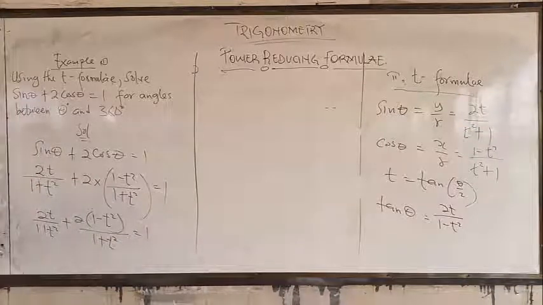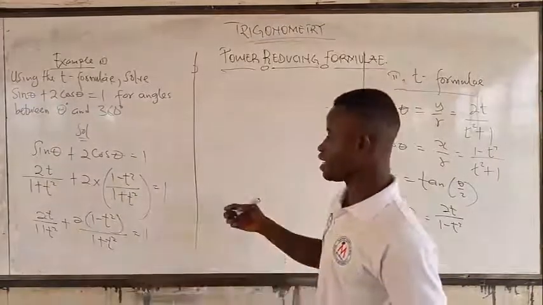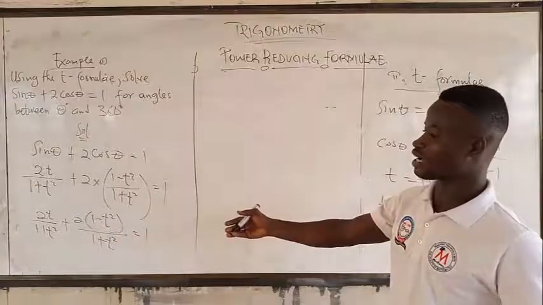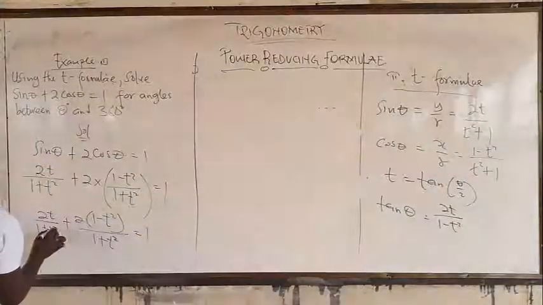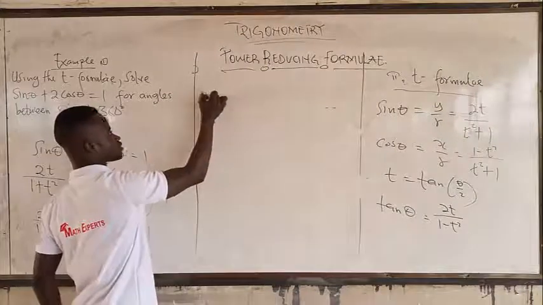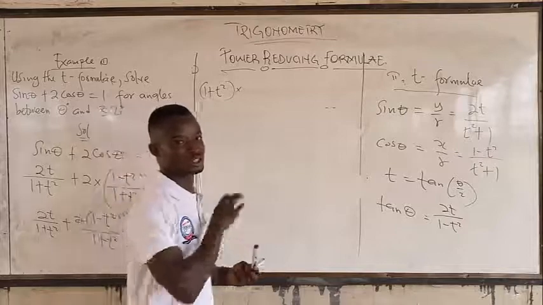So you can see here you ask yourself of the LCM. And the LCM that we can get here is 1 plus t squared. So with the LCM of 1 plus t squared, we are going to use it to multiply throughout.